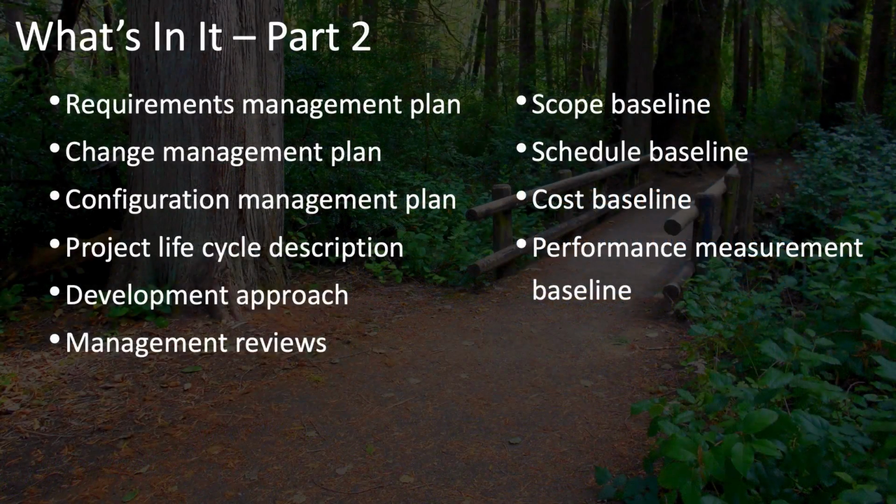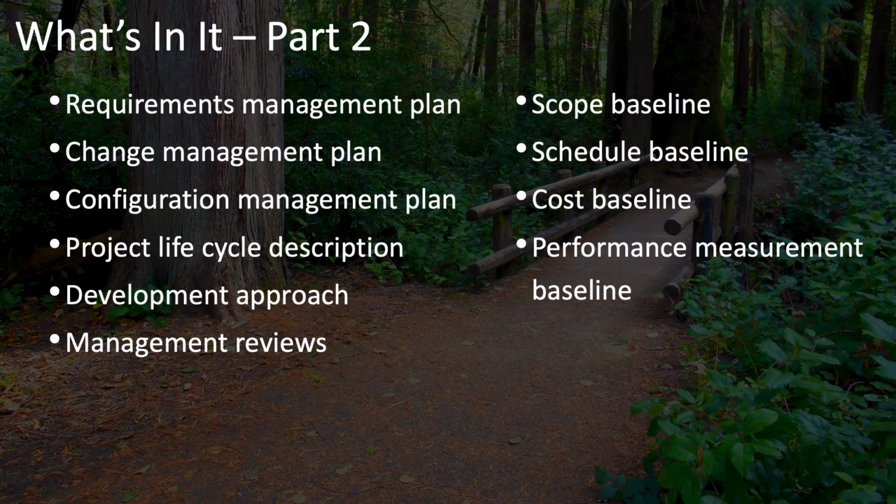In addition to complete plans for each of the other 9 knowledge areas, the project management plan also includes the requirements management plan, the change management plan, the configuration management plan, as well as a description of the project lifecycle, a description of the approach that will be used for development, as well as rules and guidelines for when and how management will review the project.